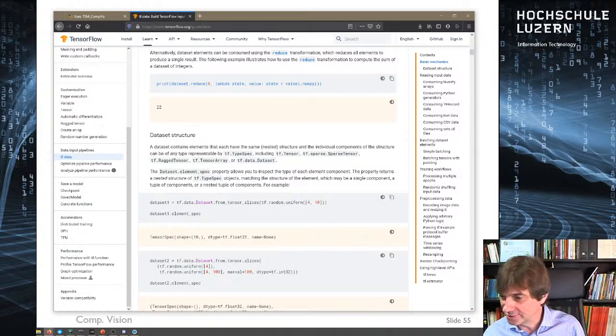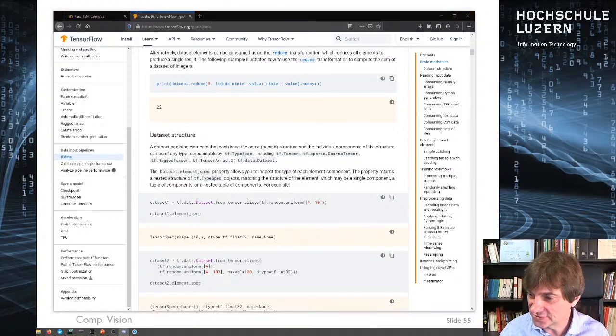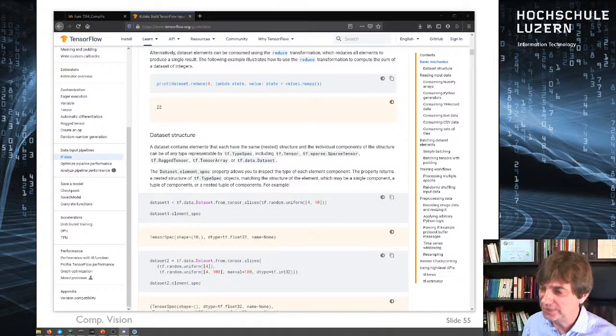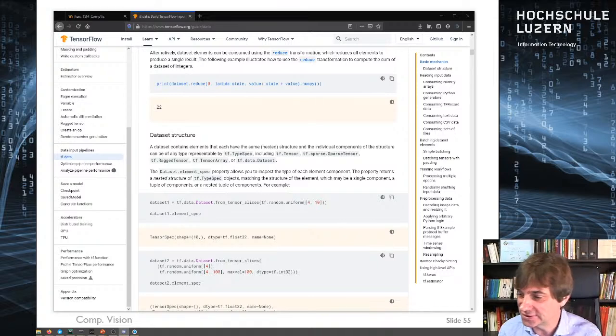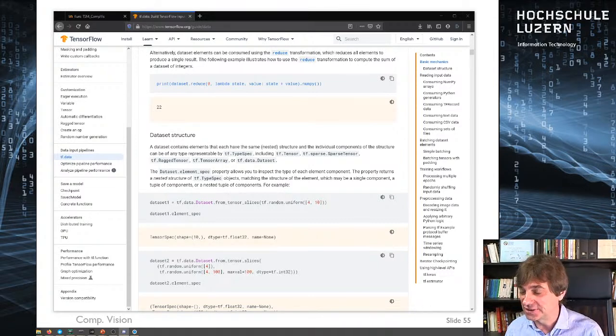Okay. Yes, so maybe if you have some more questions here. One question was a problem that the validation loss gets bigger while the validation accuracy stays the same. Yes, so that could happen. Maybe what you should look at is also your training loss and your training accuracy to see if you have some generalization gap.